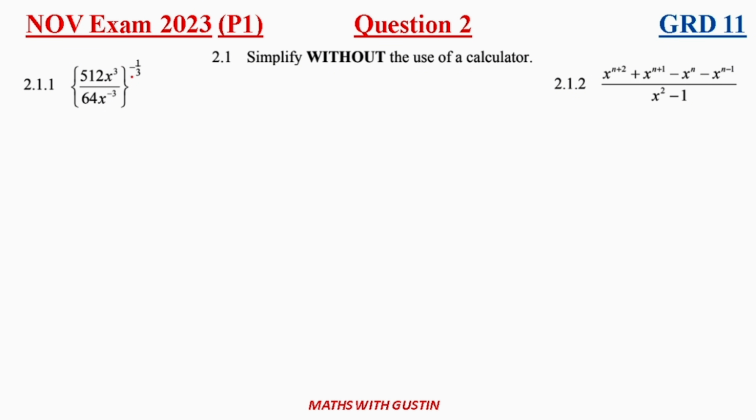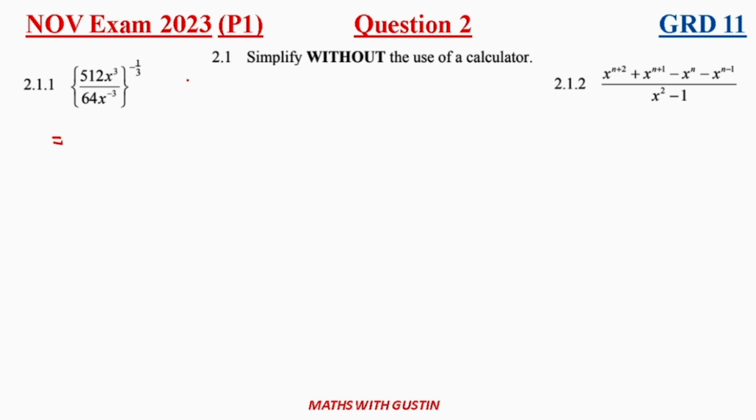2.1.1. All right, so what you have here is exponents, and this chapter is based on exponents. Okay, so what you can do here, you've got 512, and for 512 you can go into your Casio calculator, press 512 equal sign, and then you press shift, then fact.